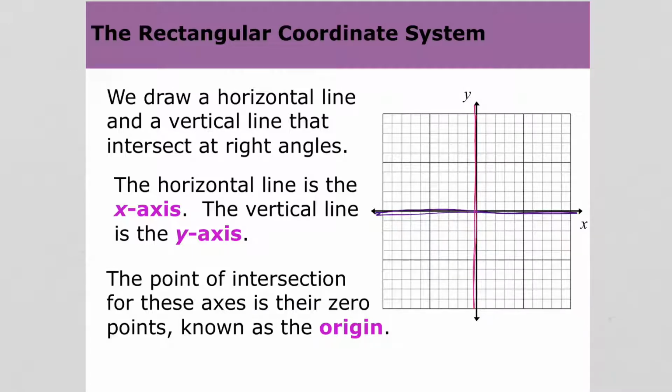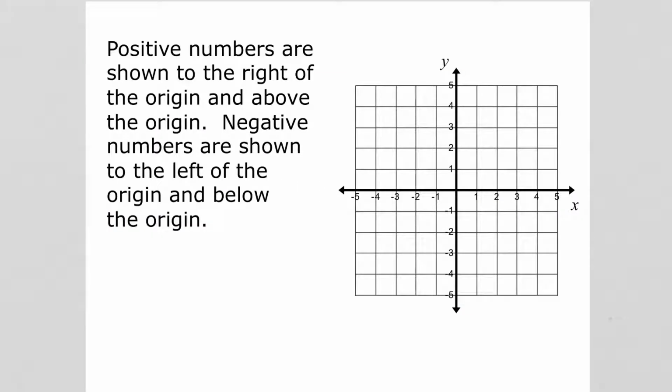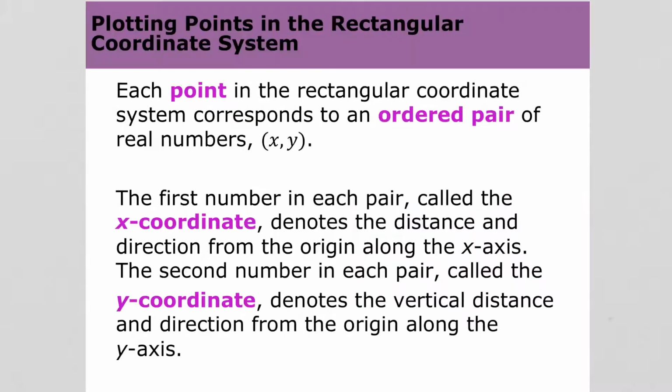The origin is the point in the very middle. Positive numbers are to the right or up, and negative numbers are to the left or down. Each point has the ordered pair x, y.